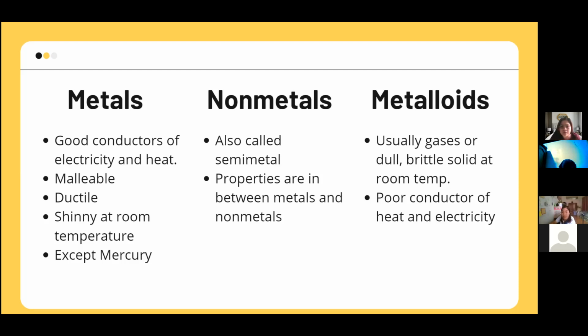So they are poor conductors of heat and electricity. They're usually gases, dull sila in appearance, brittle, and solid at room temperature. Pero meron ding liquid dito at room temperature, which is si bromide. So yun, again, metals are good conductors of electricity and heat, whereas ang non-metals kay poor conductors. Okay, next.